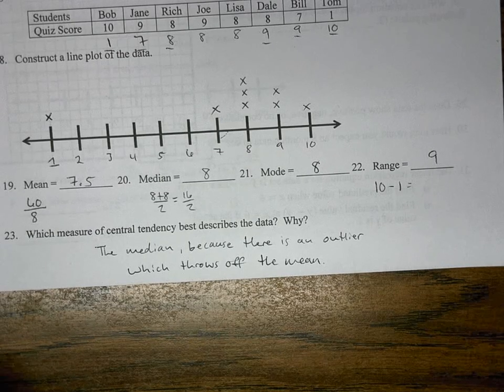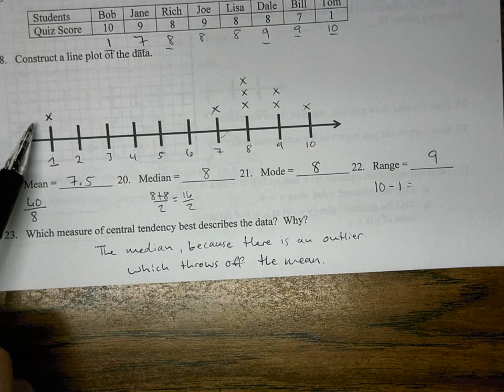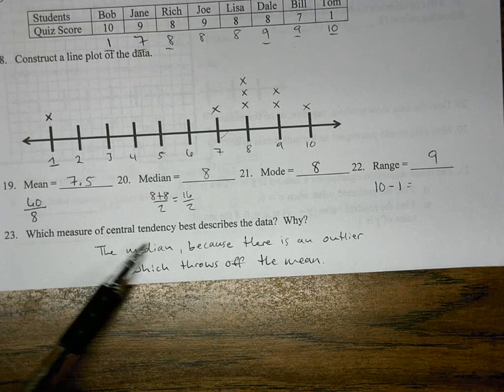So because there is an outlier, the mean is affected, so you should use the median instead.